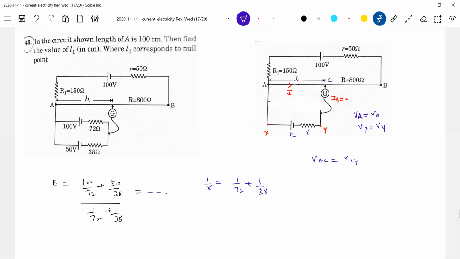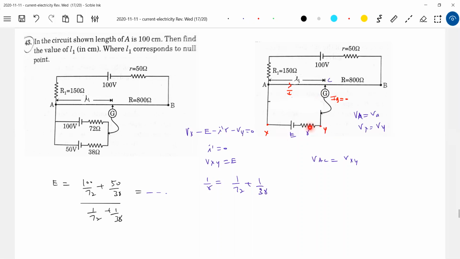So what is the basic method? Vx minus E minus some I dash R. What is I dash? I dash is 0. So if any current flows through this, in that case what will happen? If I connect any one resistor and the current to the galvanometer is 0, then Vxy equals Vac, you write it.